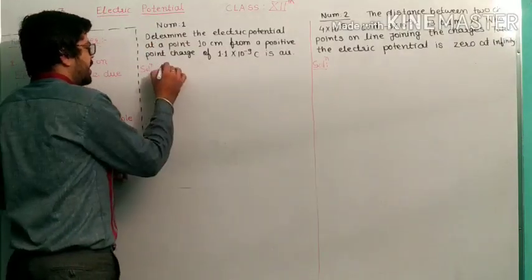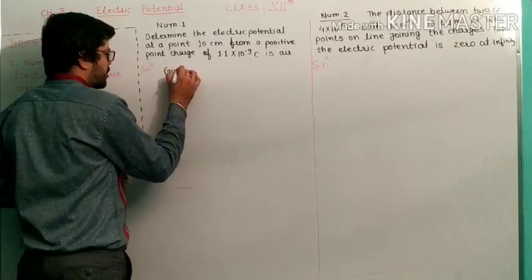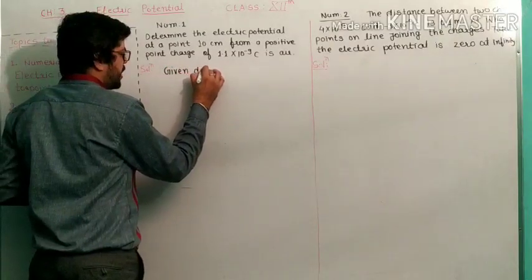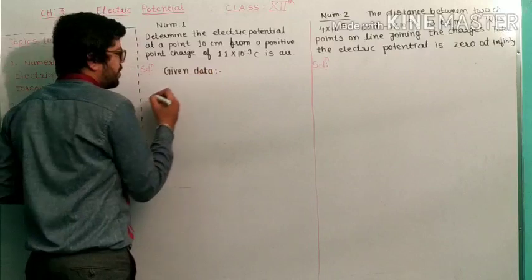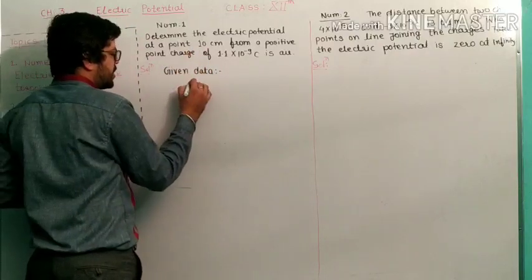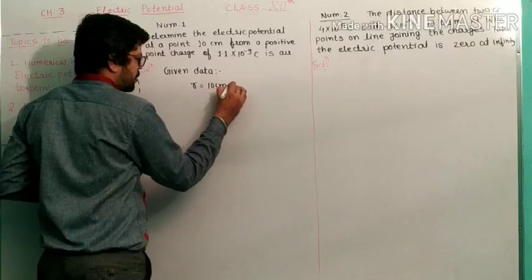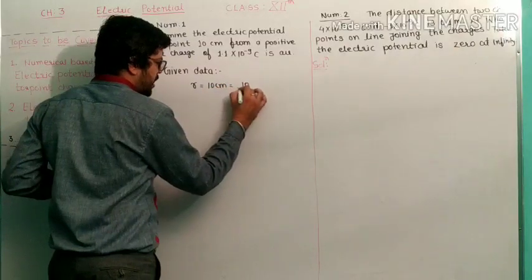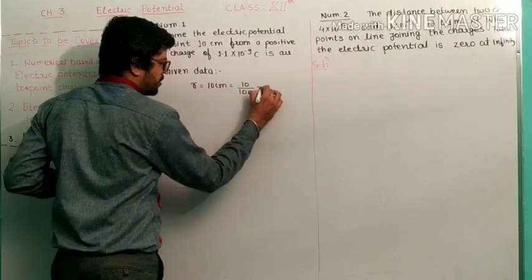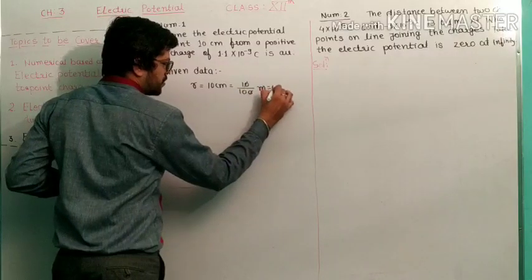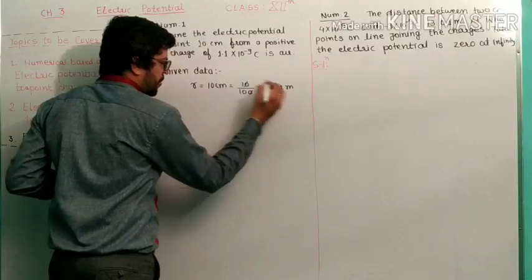So what are the given data? Let's write them down. Distance R is equal to 10 centimeter, and we have to change centimeter into meter, so it is 0.1 meter.